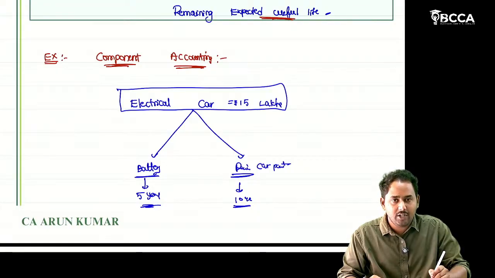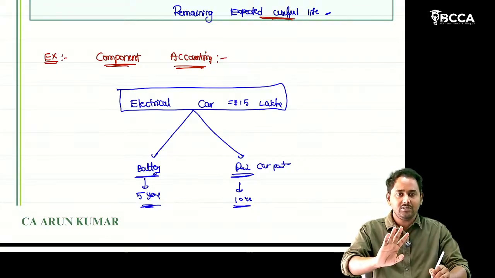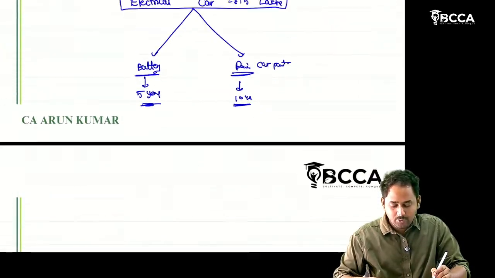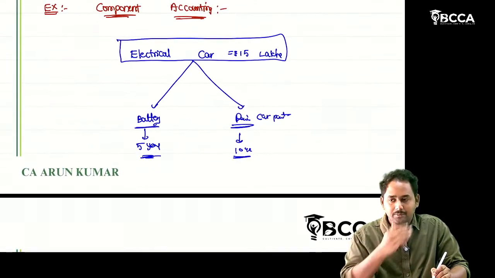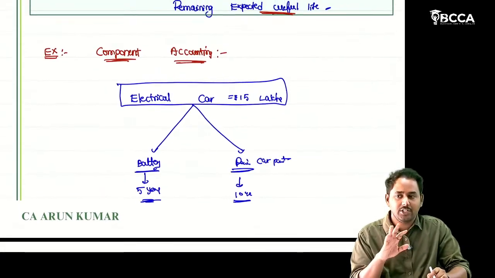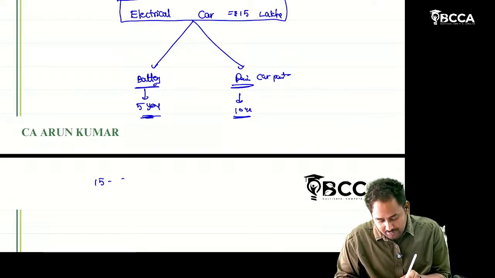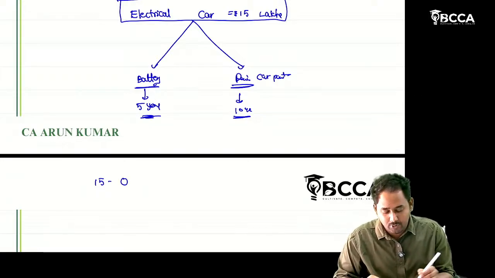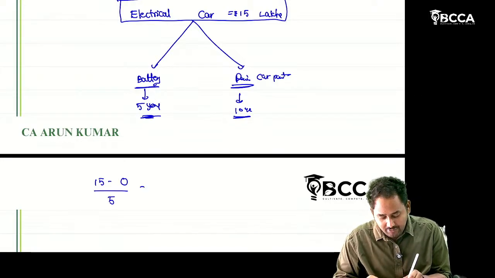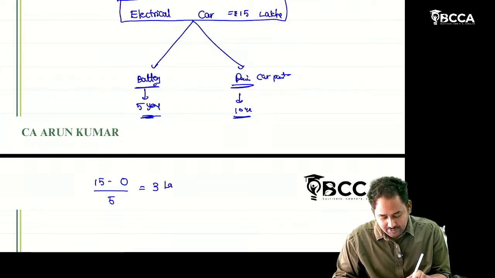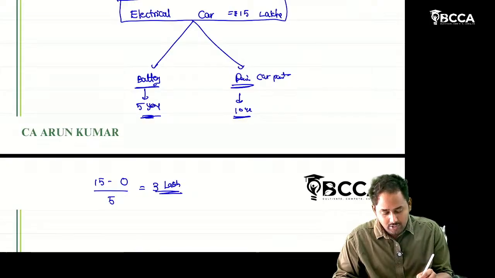That's why I need to find it separately, only for the calculation purpose, not for the journal entry purpose. So I assume the residual value is 0. Assume residual value is 0 and tell me the depreciation per annum. 15 lakhs is the opening carrying amount, minus 0, divided by 5.